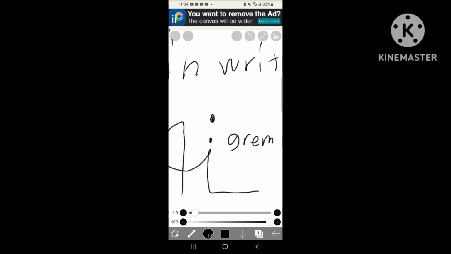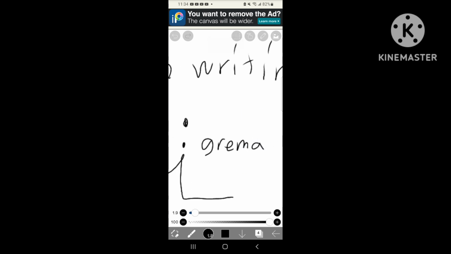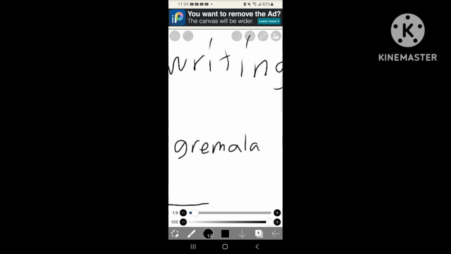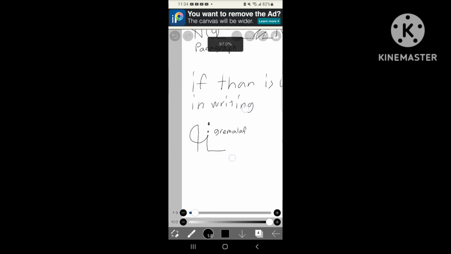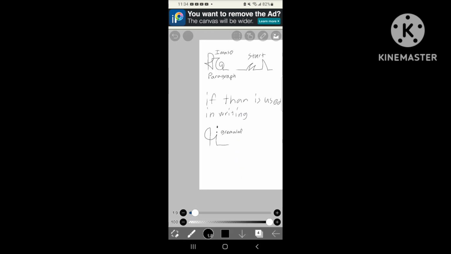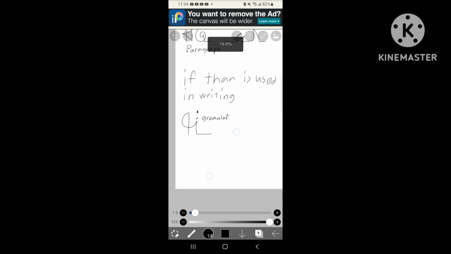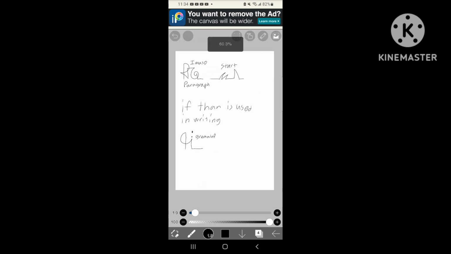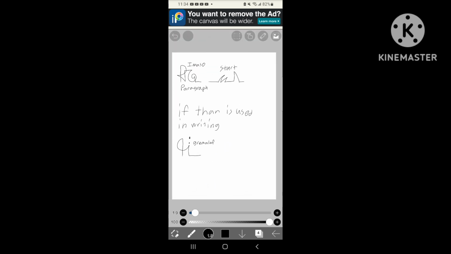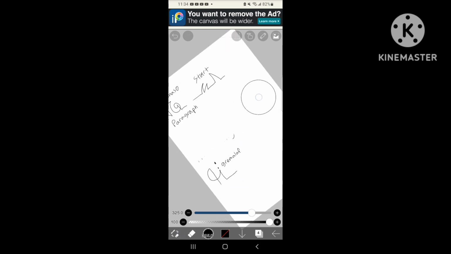This is the if statement symbol, and it's pronounced gramalaf. You only ever use if-then statements in writing. When speaking the actual other languages for happiness, sadness, sarcasm, etc., you just say it out loud.